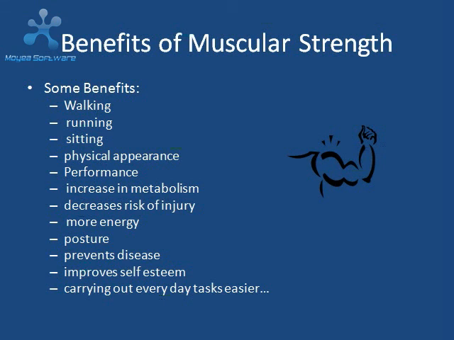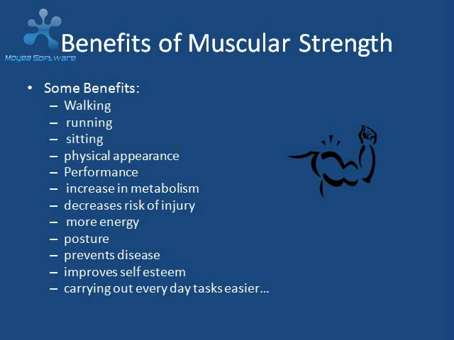Some people like to lift to gain muscle mass, to make themselves look bigger. That's what a lot of people like to aim for when they think muscular strength. They think of looking muscular. Another one is performance. A lot of athletes like to work on their muscular strength for performance on the field, so they can get an advantage on their opponents.